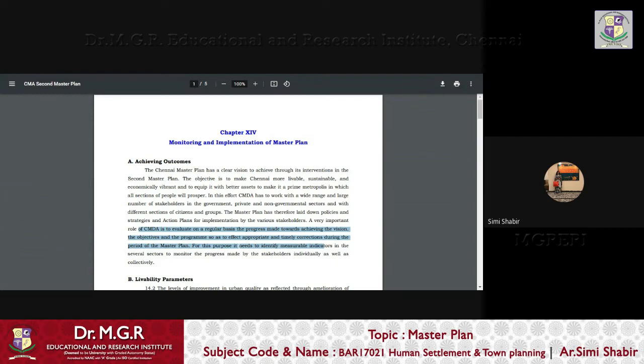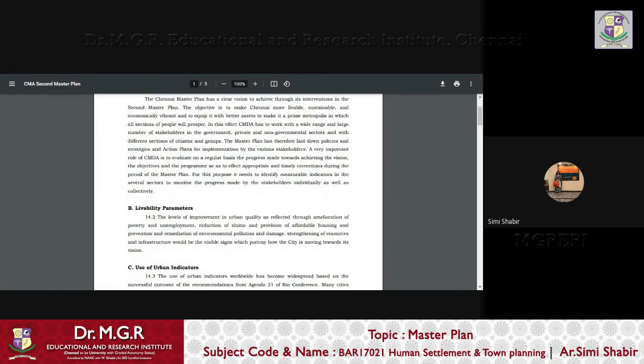So as long as there are no tangible criteria, it's very difficult to analyze and conclude how many of the objectives were achieved, and to what extent the objectives were achieved.